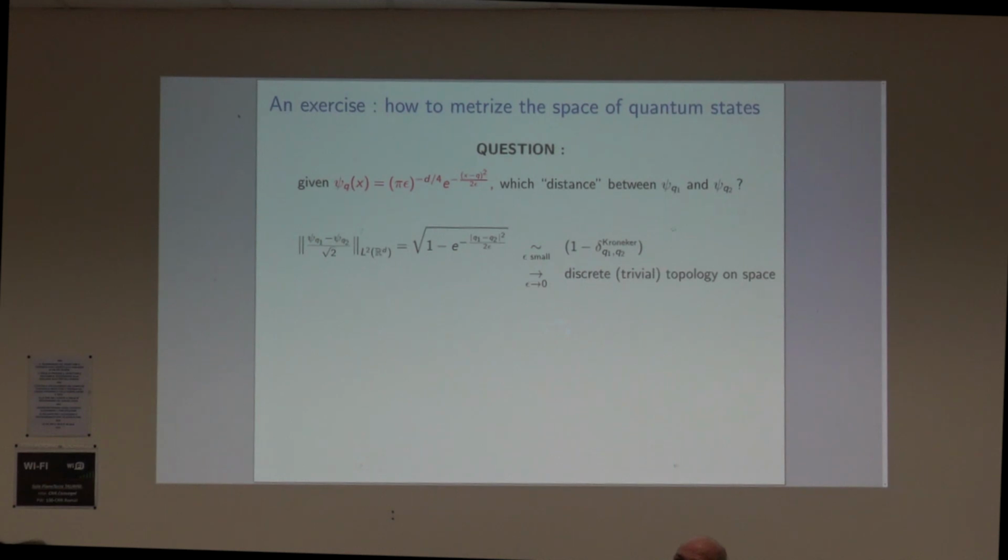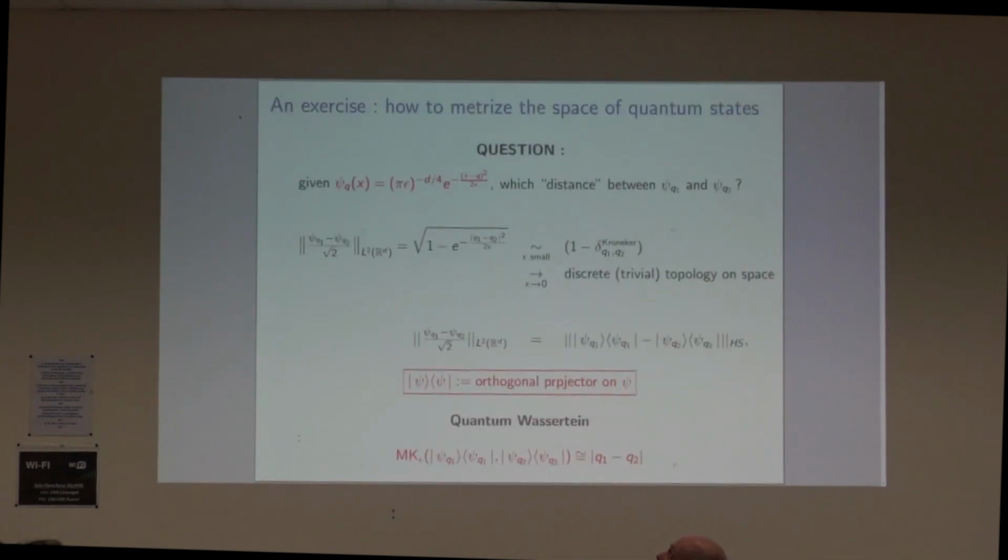You know. So if you just make this very easy computation, it tells you that the L2 norm of the difference of the vectors is nothing else than the Hilbert-Schmidt norm of the difference of the two projectors on each state.